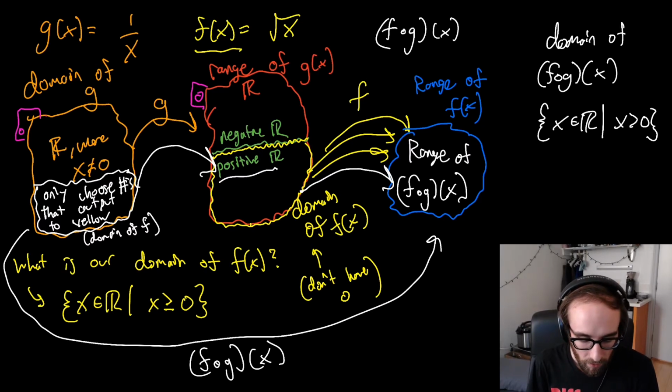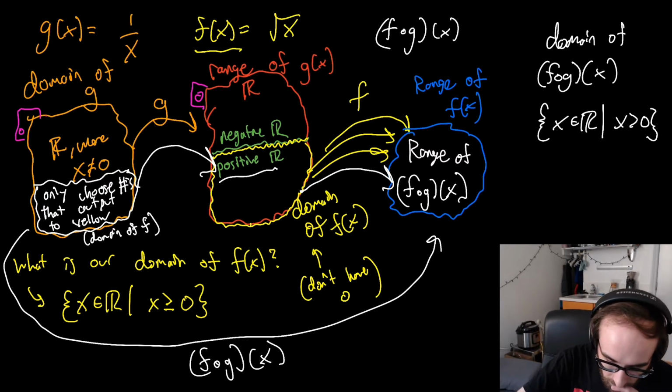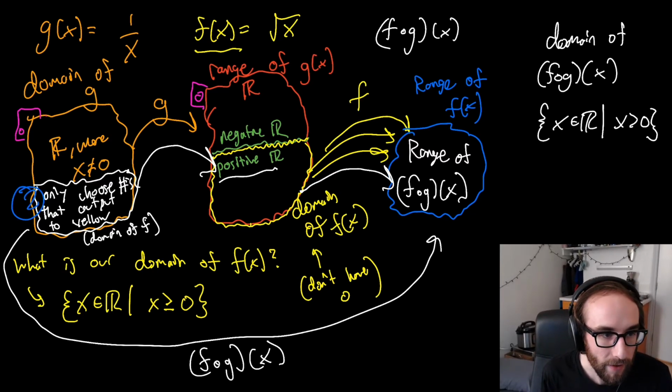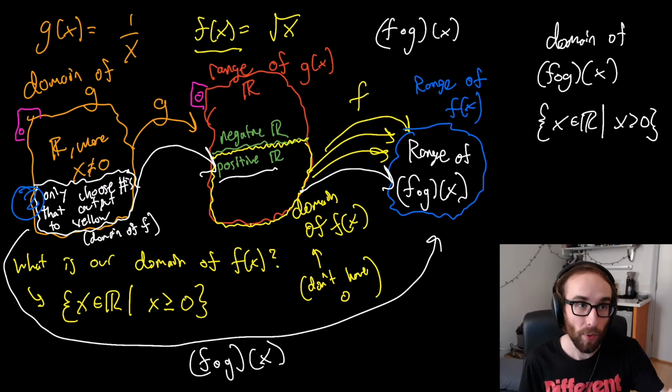Okay, so a quick example: let's see, if we had, say, 2. We know 2 is included in the white section. It's a positive number that gives us a positive output when we plug it into g of x.